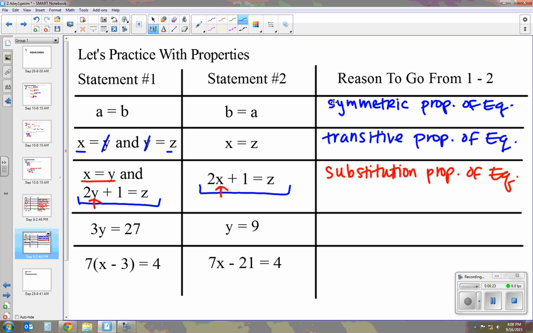This next one, to solve for y, all we have to do is divide by 3, and we get our division property of equality. And our very last one, we see parentheses, so we're going to distribute, so that's our distribution property.